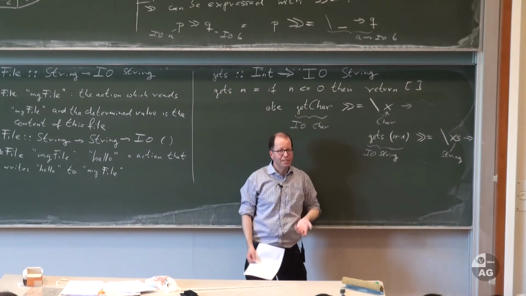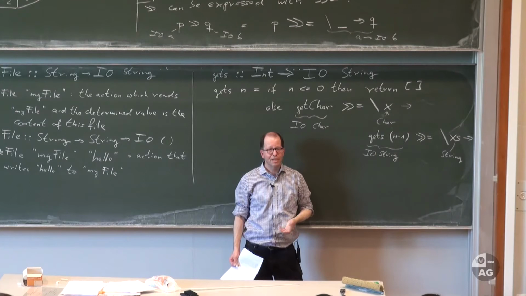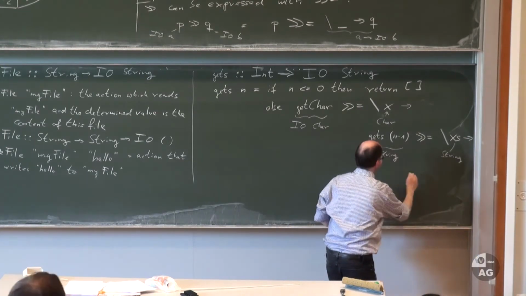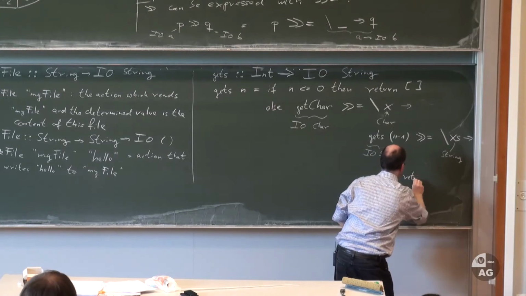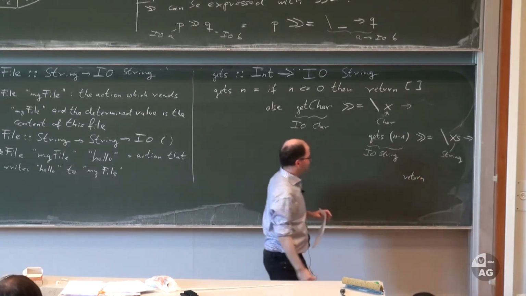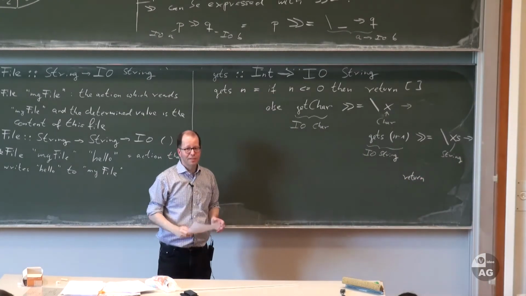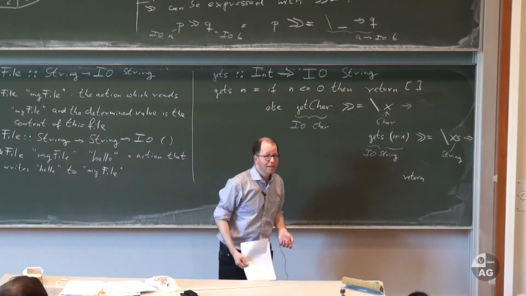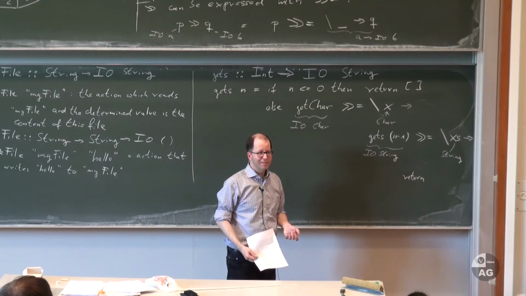And now what should be the action that I do in the end? I should return this whole thing. And what should I return? Well, not the empty list this time. Sorry? Empty character.